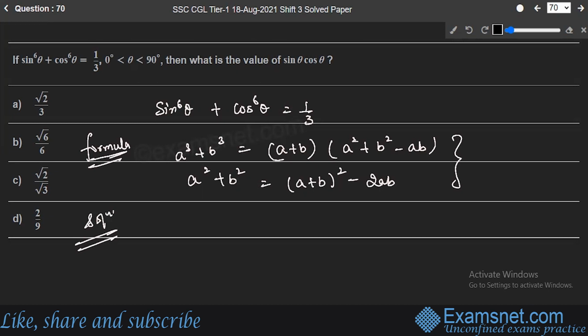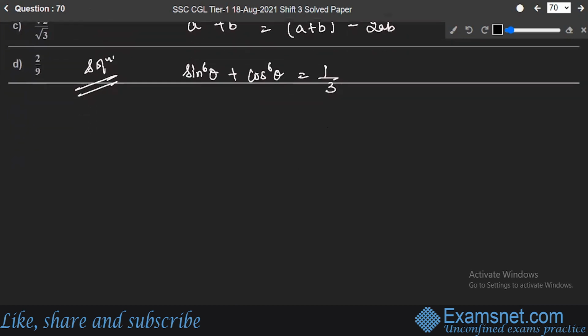So in the first one, let's write down sine raised to power 6 theta plus cos raised to power 6 theta is equal to 1 by 3. So you have here sine square theta whole cube plus cos square theta whole cube is equal to 1 by 3.